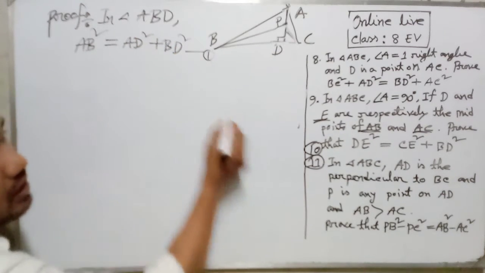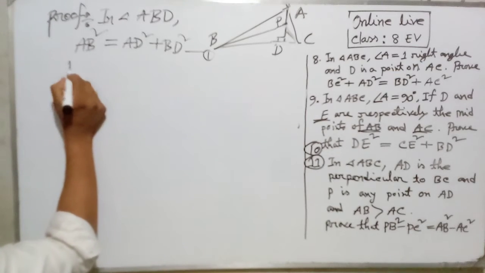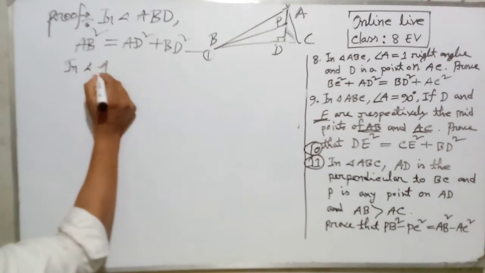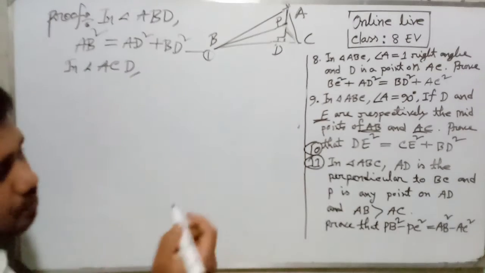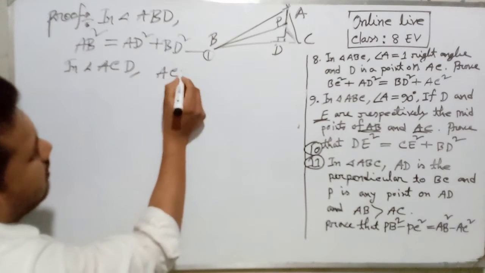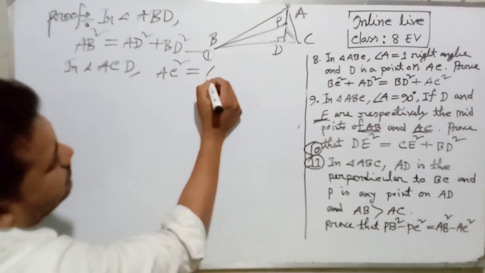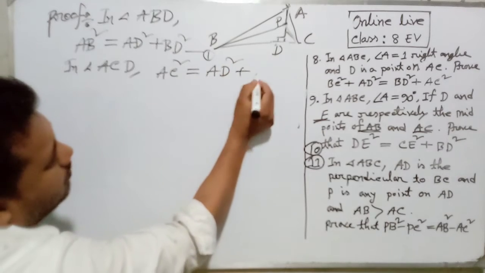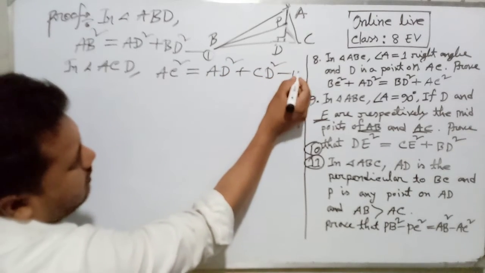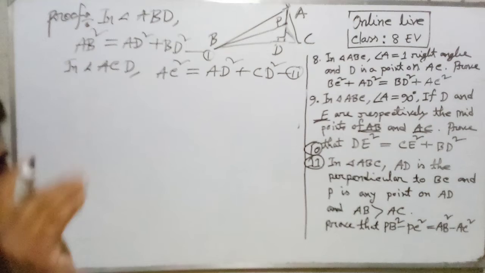Suppose this is our equation number 1. In triangle ACD, according to Pythagoras, we can write AC square equal AD square plus CD square. Suppose this is equation number 2.